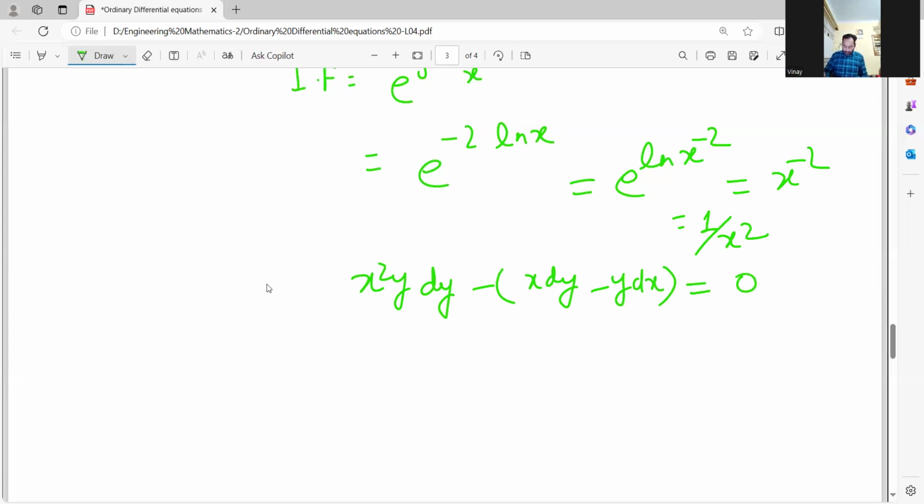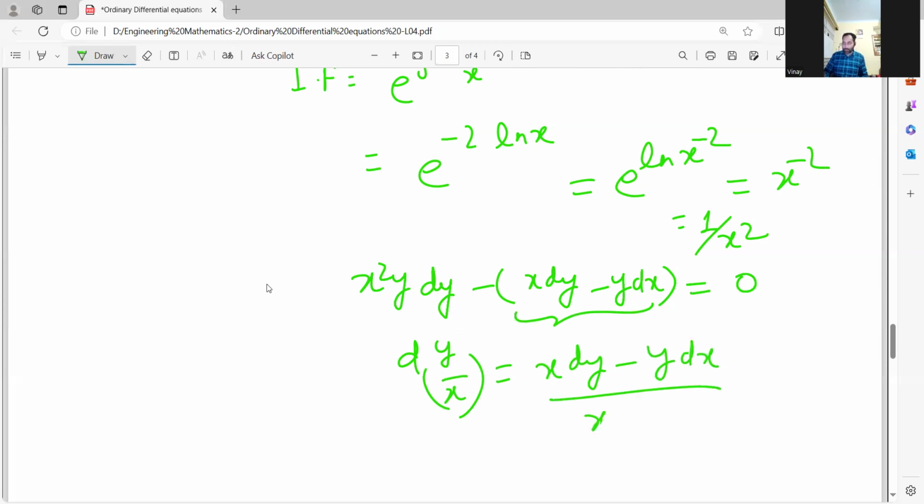You can easily write this thing as what? d of this thing. d of y by x is what? It is (x dy minus y dx) upon x square, right?